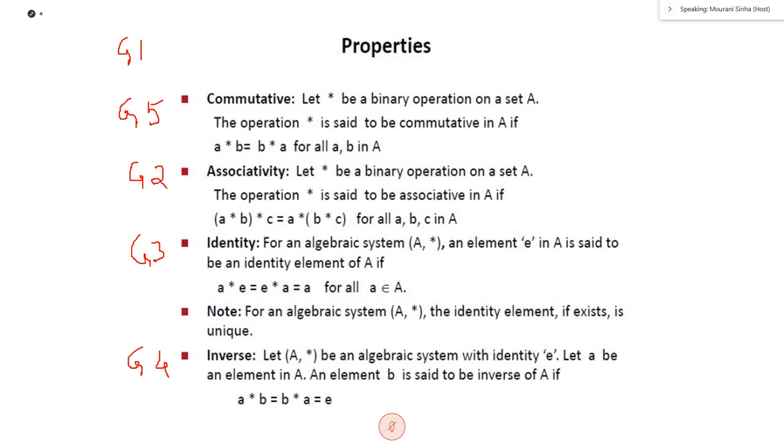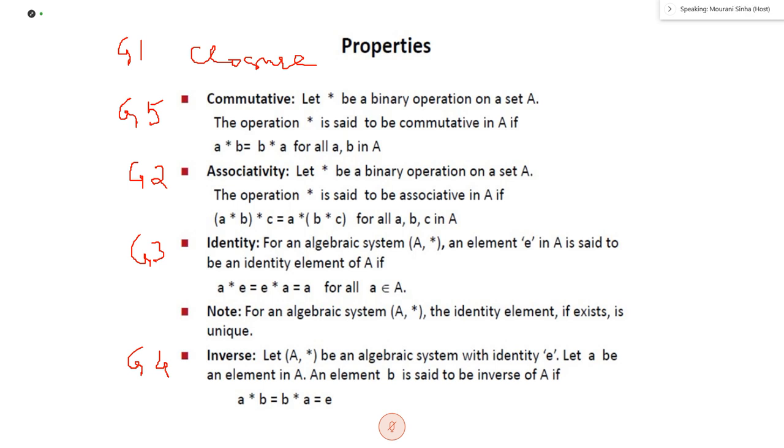Just take a few seconds, look at this slide and tell me if anyone has not followed anything, because when I discuss ring and field, I will be referring to these properties again and again. It will be related to these properties only. So G1 is the closure property, which was already discussed in the last slide, or the binary operation.